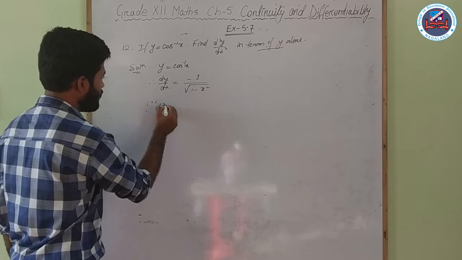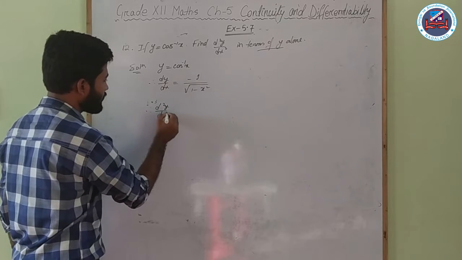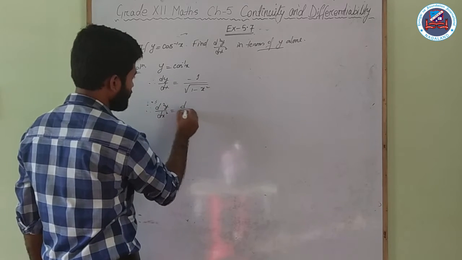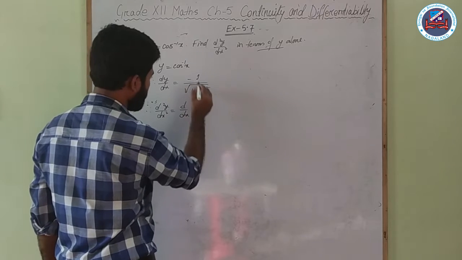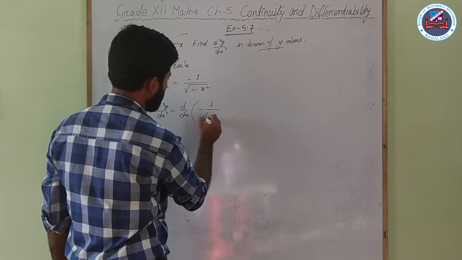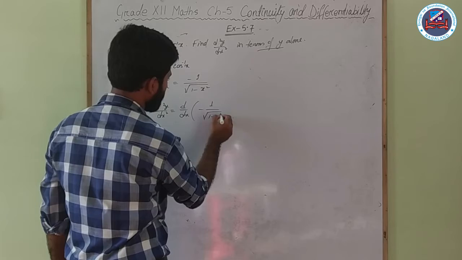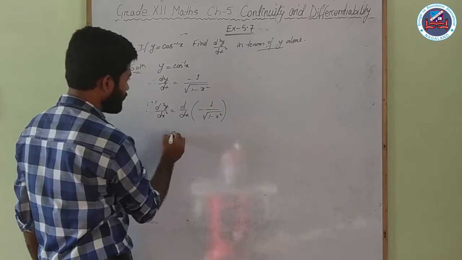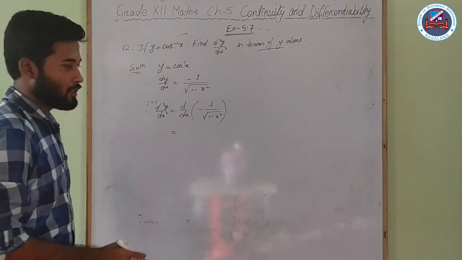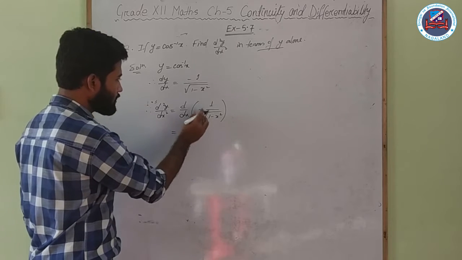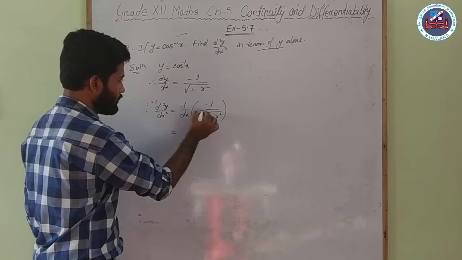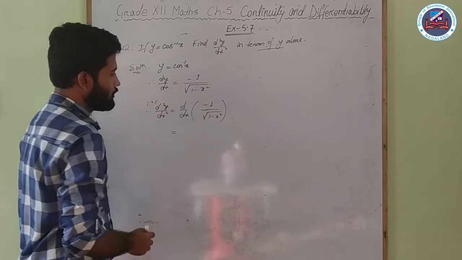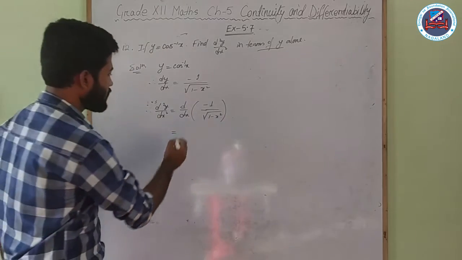Therefore d square y by dx squared. So what is that? This is d/dx of this, that is dy by dx, that is minus 1 by root over 1 minus x squared. Now if I take the derivative of this, it is a quotient function, that is a by b. So in such a case, how to do?